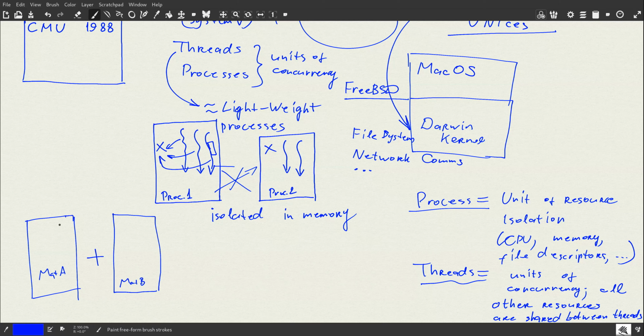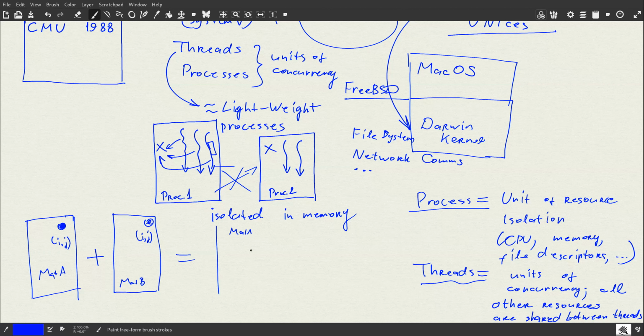Obviously, matrix addition is a very simple operation, provided that they have equal dimensions. We take the corresponding element ij from one matrix, we take the corresponding element ij from another matrix, and the sum of matrix A of ij plus matrix B of ij would be the resulting entry of the sum, all right?